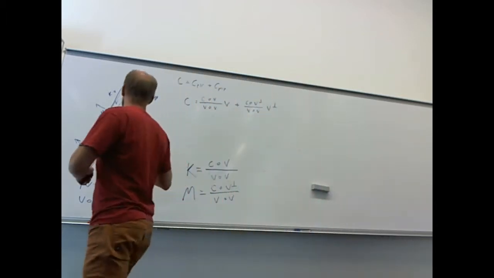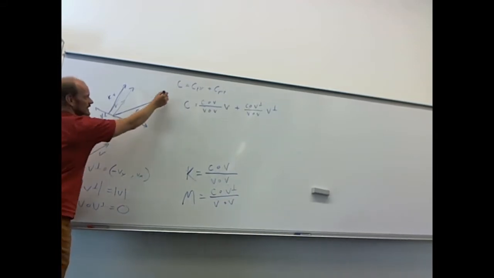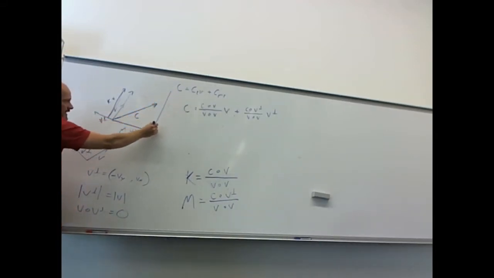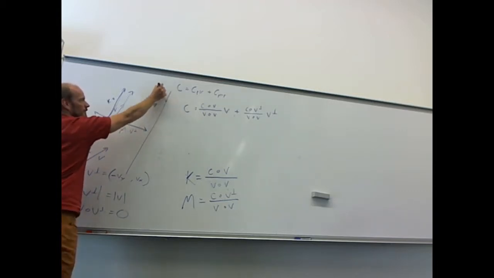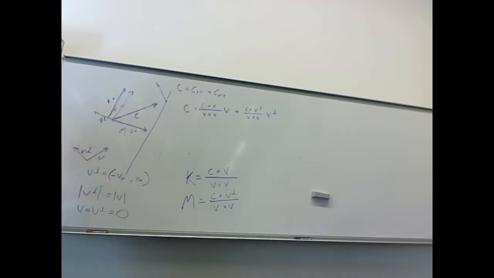So if we're going to reflect c off of this line, off of whatever line is parallel to v, we want c to come here and bounce off here. Retain the same speed as c had, or the same length as c had. We want it to be equally long to c, but just such that it has reflected off of this. Then we're basically taking the part with v perp, right, and we're flipping that.